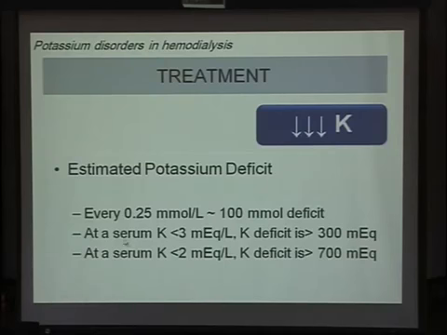Only a 0.25 millimole per liter decrease means that we have a 100 millimole deficit. If potassium is below 3, the deficit is about 300 or more, and if it is below 2, the deficit might exceed 700.